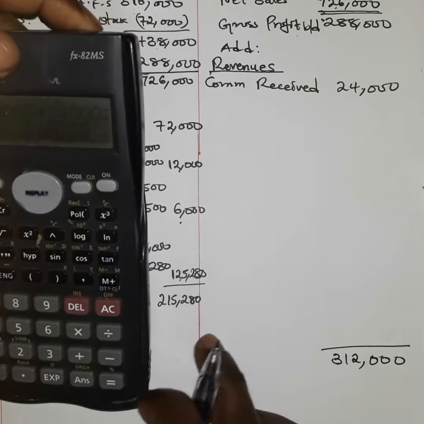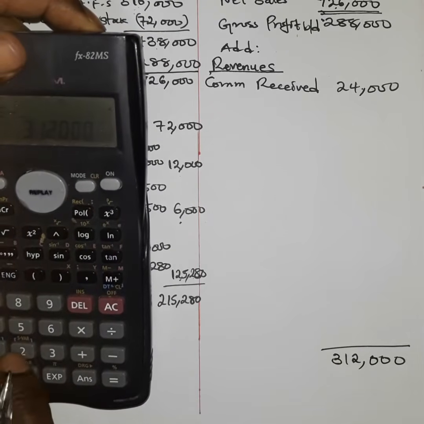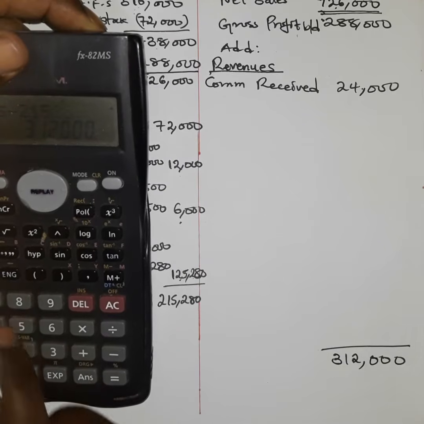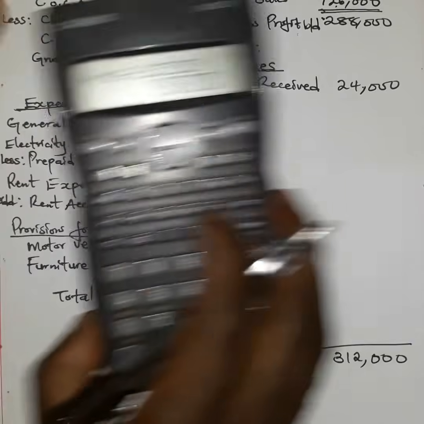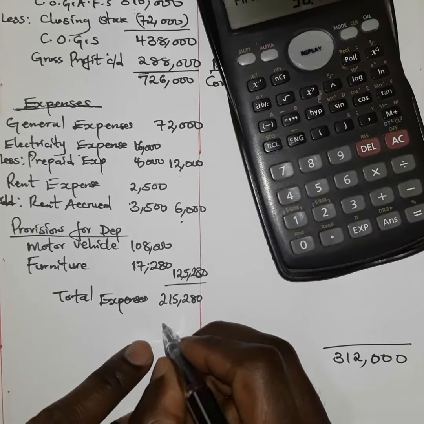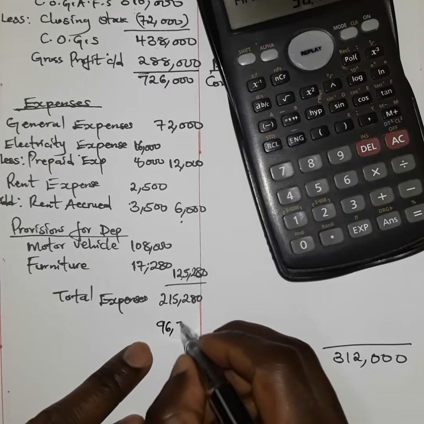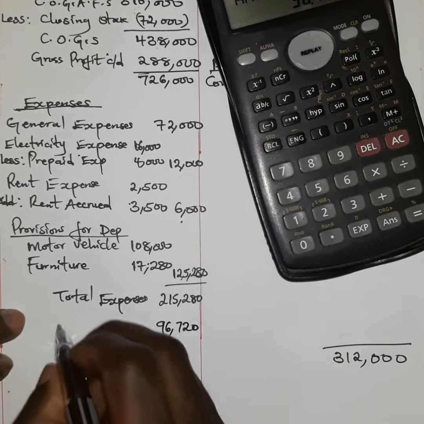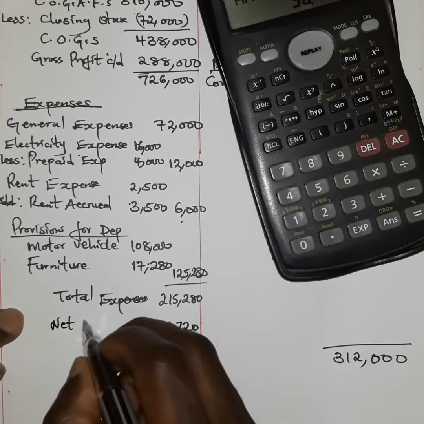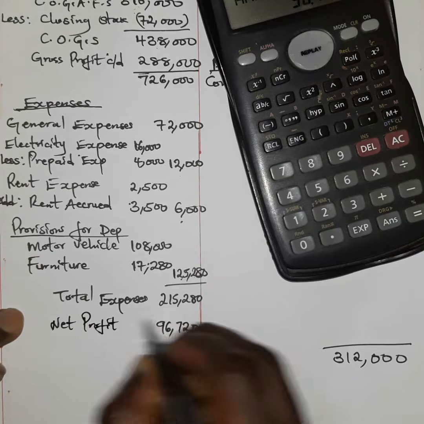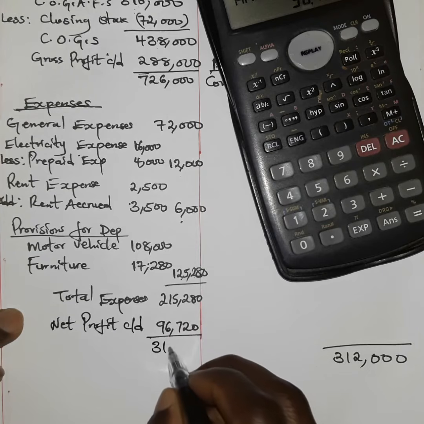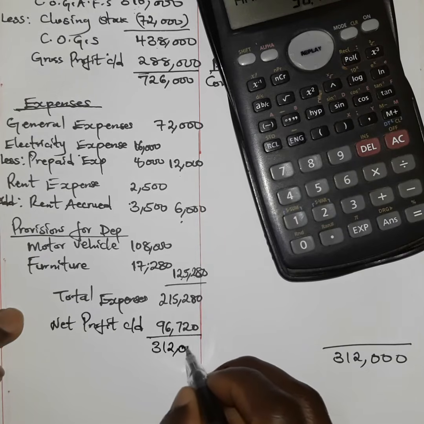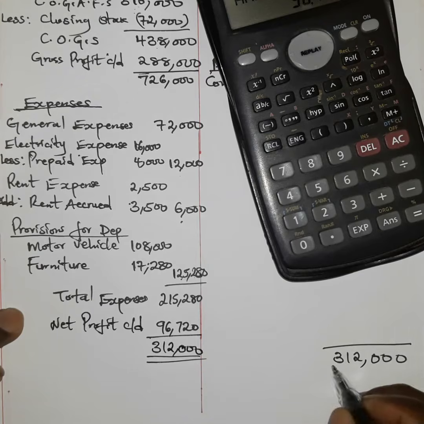We get the net profit by subtracting the total expenses from the total revenue. So 312,000 minus 215,280, we get a value of 96,720. We write it here, 96,720, which is the net profit being carried down. We confirm the two sides are equal by adding that way, double underline.